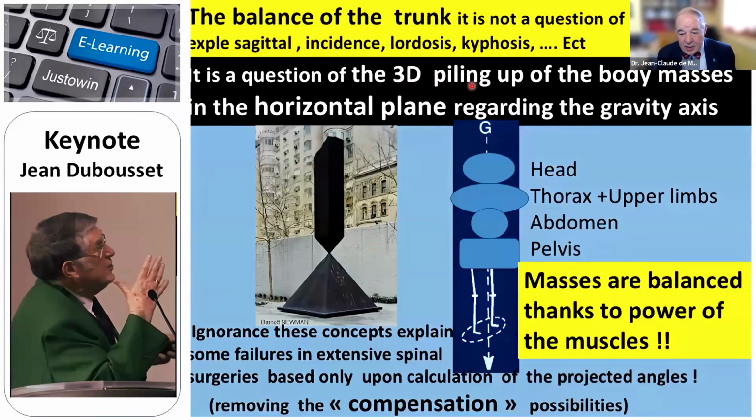And one also very important concept is that on the X-ray, we see the bone, the intervertebral disc, but we don't see the soft tissue. And for Jean Dubousset, the soft tissue was very, very important. Masses are balanced thanks to the power of the muscles.